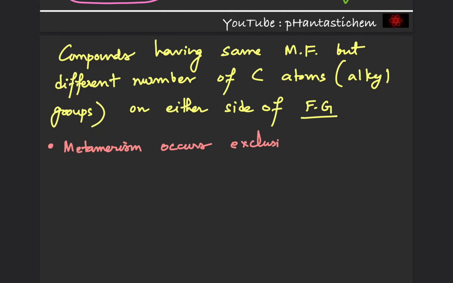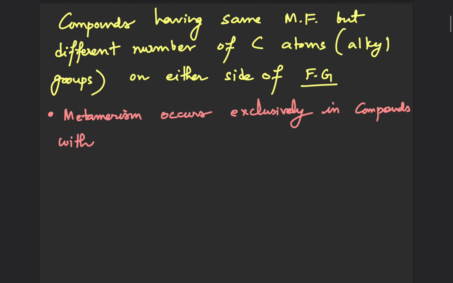By polyvalent I mean functional groups with two or more than two valencies. When I say polyvalent, I mean those functional groups which have two or more than two valencies.